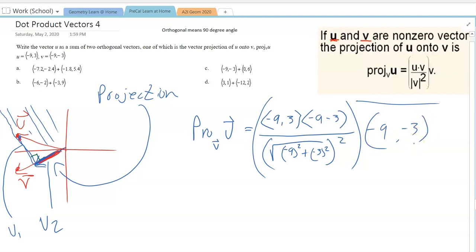All right, so first let's do the dot product. Negative 9 times negative 9 is 81, plus 3 times negative 3 is negative 9. Here the square and the square root cancel out, and we get 81 and 9, so 90. 81 plus 9 is 90, yep.